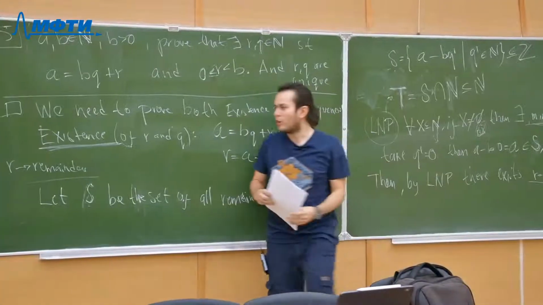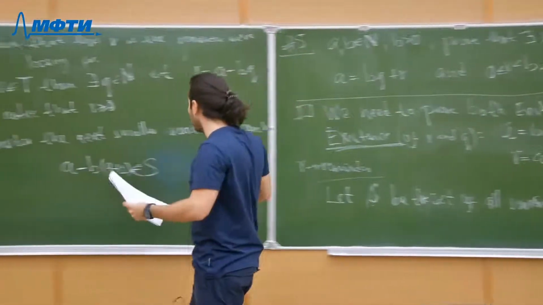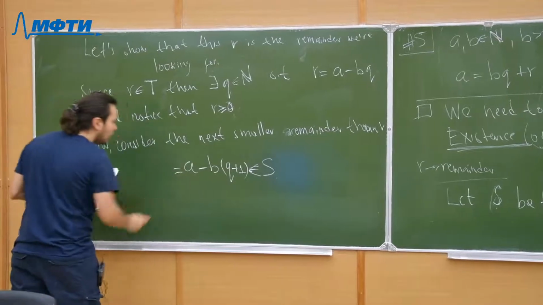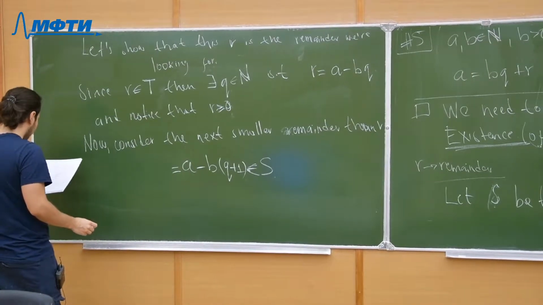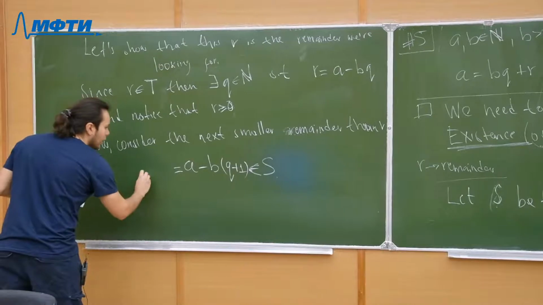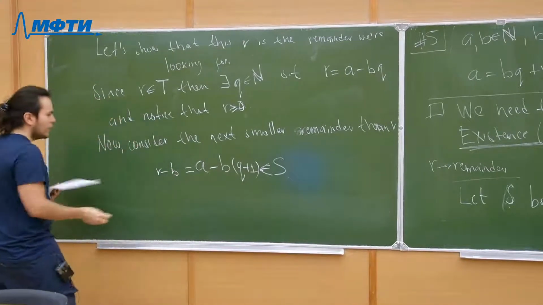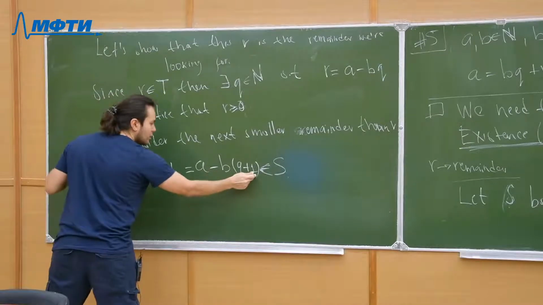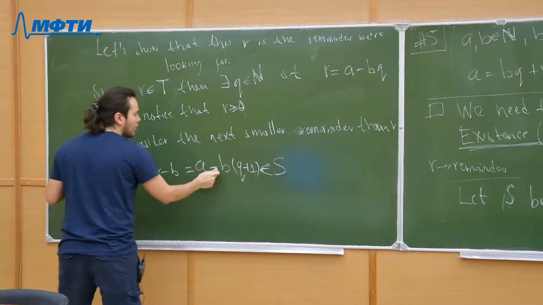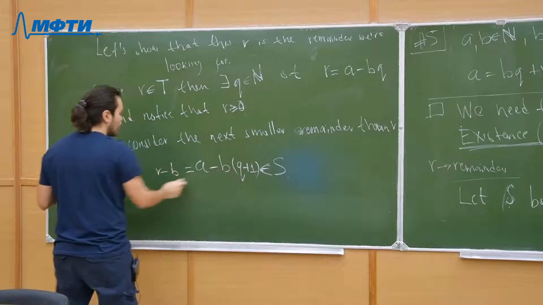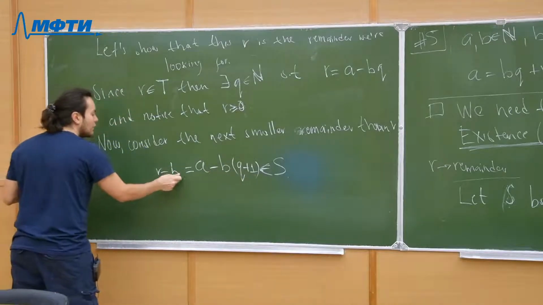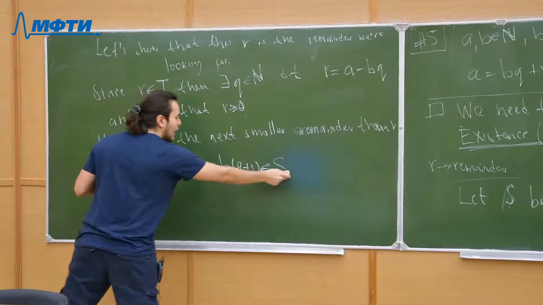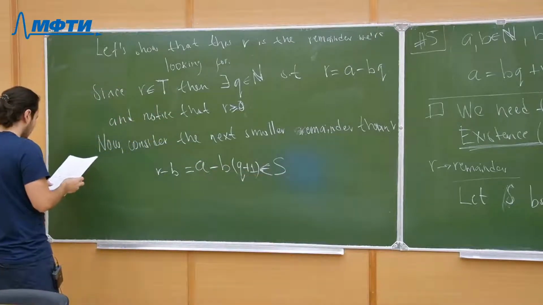Q prime is equal to Q plus 1, and this gives A minus BQ minus B, and since A minus BQ is equal to R, we have R minus B. So R minus B is an element of S.